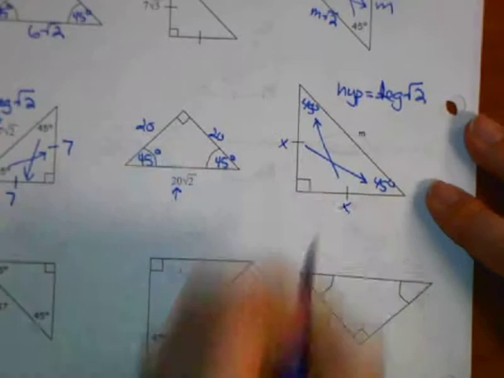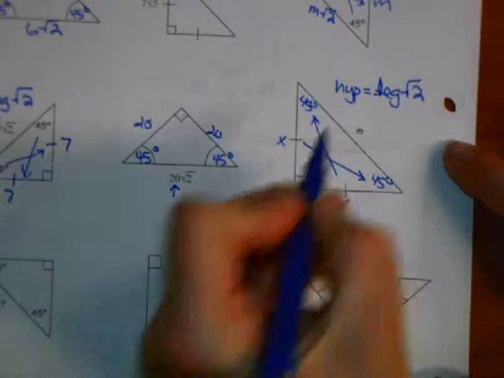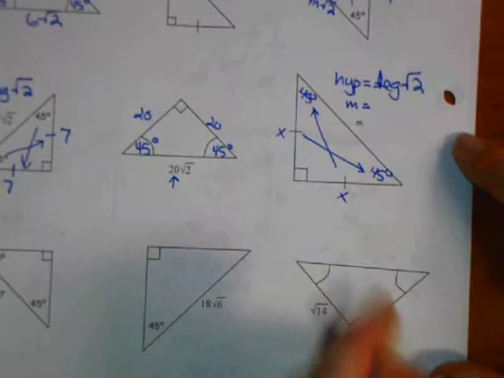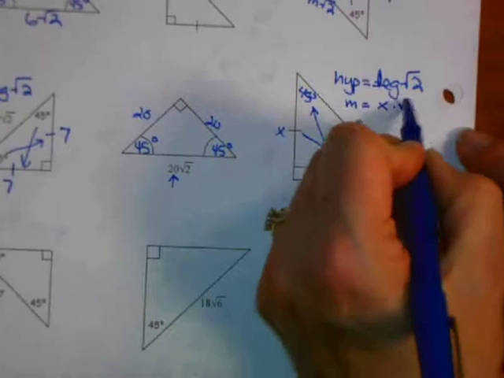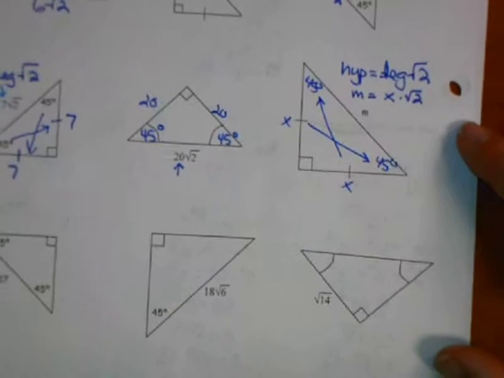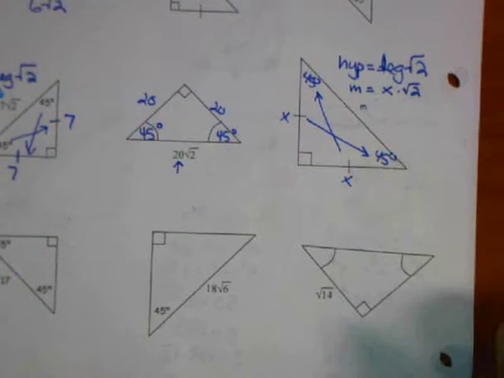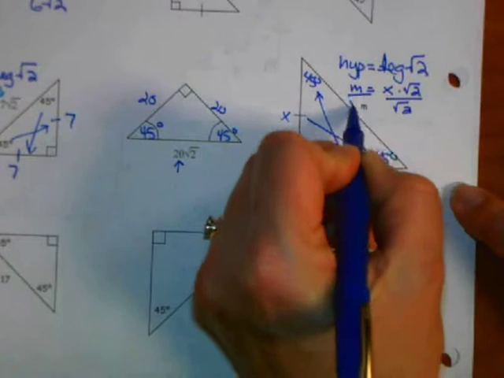I don't know what my legs are. I'm going to make them x. Let's plug in what I do know. I know my hypotenuse is m. My leg is x times the square root of 2. If I want to know what x is, if I got to get x by itself, what do I have to do? Divide by the square root of 2.